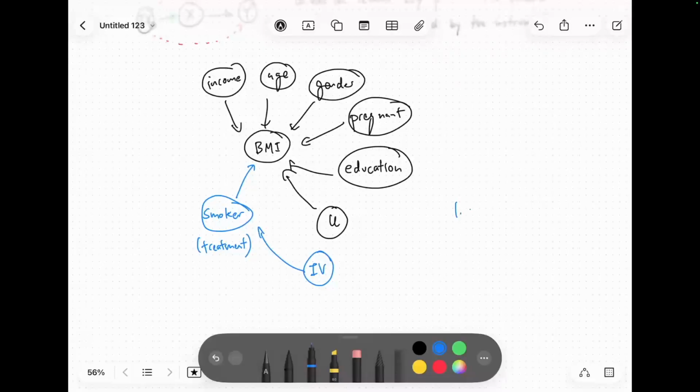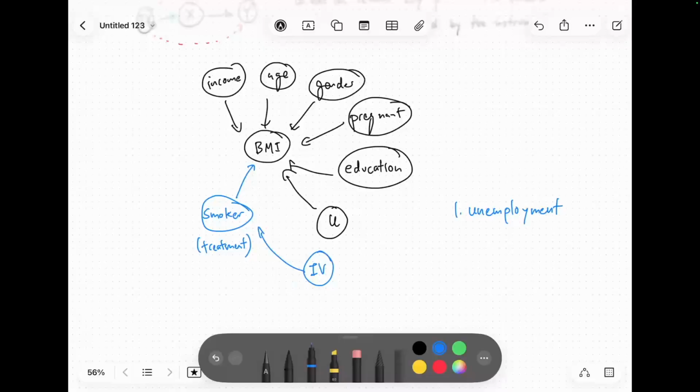Okay, so one, unemployment as an instrumental variable. So do you think that whether or not someone is unemployed may affect the likelihood with which they are smoking? Yeah, probably, right?